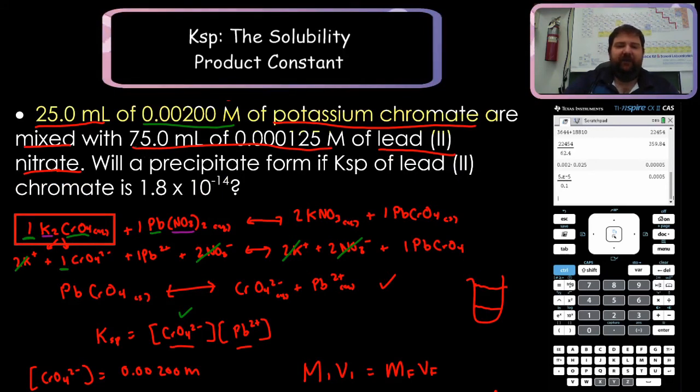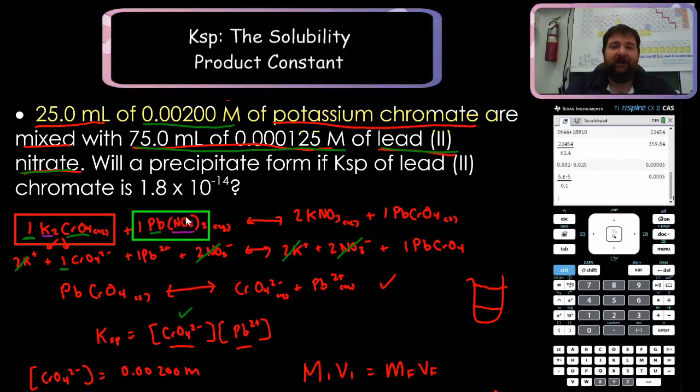We have 75 milliliters of this molarity of lead nitrate. All right. Well, let's kind of try to figure this out here. Where's my lead nitrate? It's this. This is my lead nitrate.